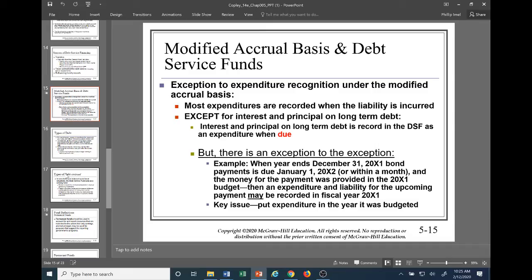Which fund is there an exception for when expenditures are accounted for? Debt service. And why is it different from what the other four governmental funds do? They recognize an expenditure when the liability is incurred. The debt service fund recognizes an expenditure when it's due. Awesome. That's the main difference I want to point out there.